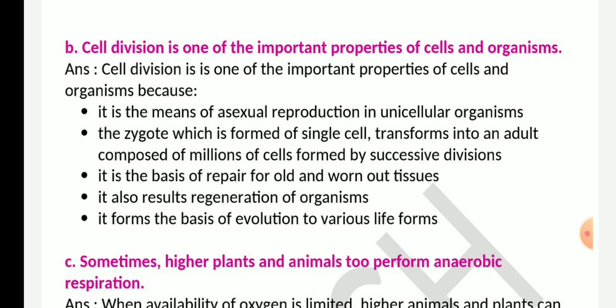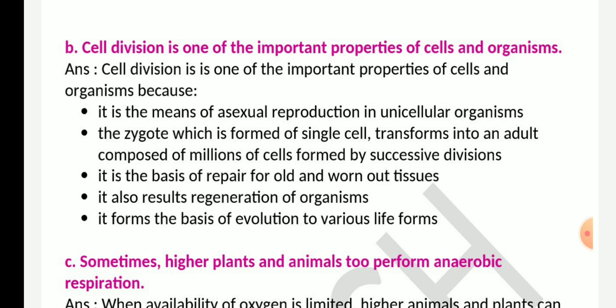The next one. Cell division is one of the important properties of cells and organisms. Answer. Cell division is one of the important properties of cells and organisms because, first point, it is the means of asexual reproduction in unicellular organisms. Second, the zygote, which is formed of a single cell, transforms into an adult composed of millions of cells formed by successive divisions.